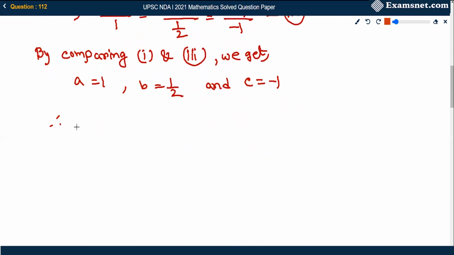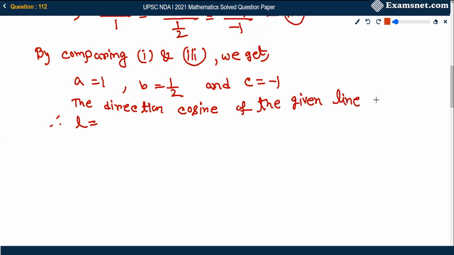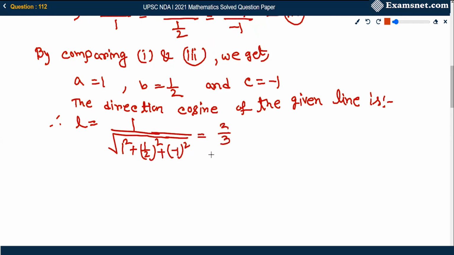So therefore, the direction cosine of the given line is, L equals 1 by root under 1 square plus half square plus minus 1 whole square. That will give us the value 2/3, right?